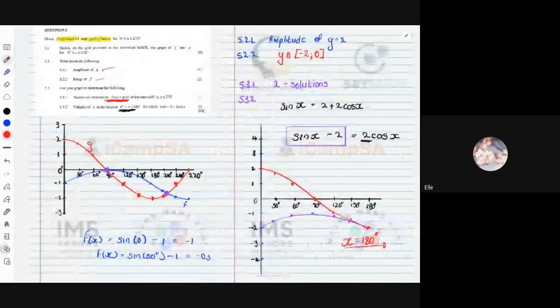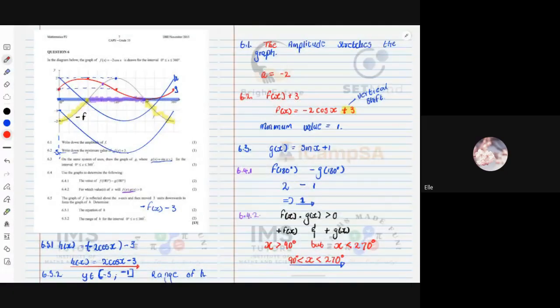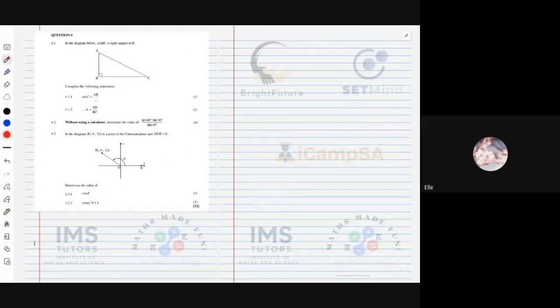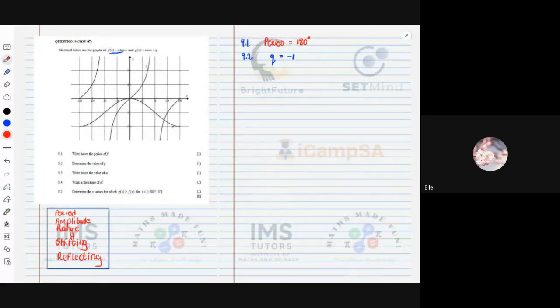So essentially we are asked to find that value for this tangent function we are dealing with. Write down the value of a. If you remember functions, we can simply take these coordinates here.